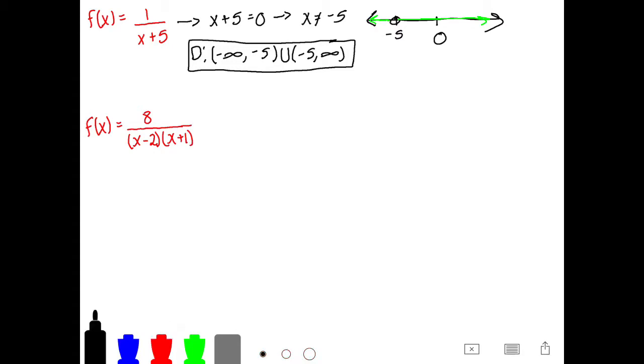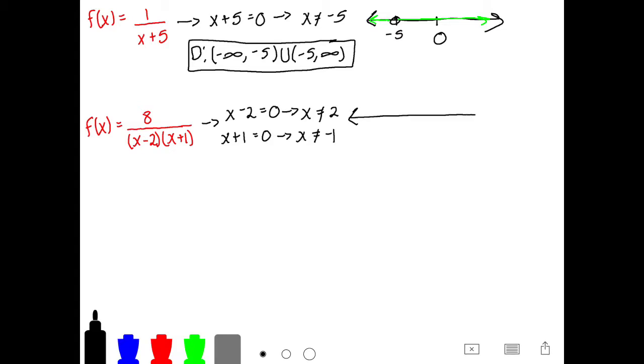Sorry, that's 2, not 3. So first, you want to set both x minus 2 and x plus 1 equal to 0. So when we do x minus 2 equals 0, you get x cannot equal 2. And then x plus 1 equals 0, you get x cannot equal negative 1.